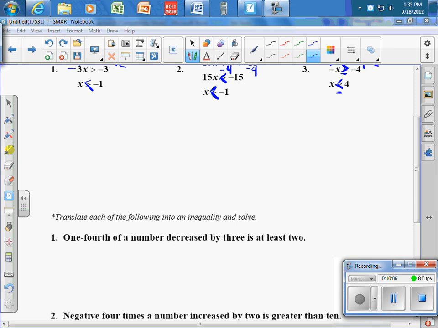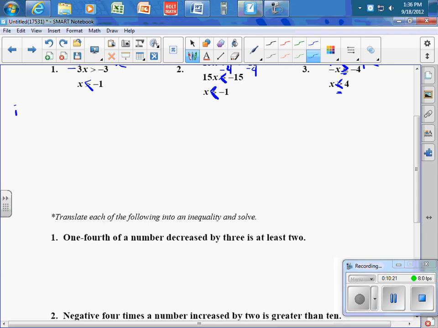Well, before we get into solving story problems using inequalities, let's talk about certain phrases we're going to be seeing when you do solve inequalities. Some of the phrases that you're going to be seeing are things like is at least. Another one you may see is no more than.